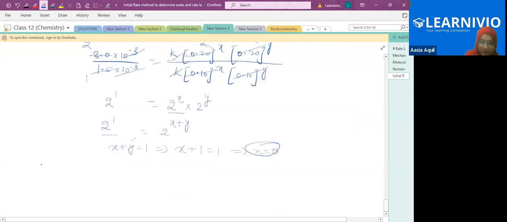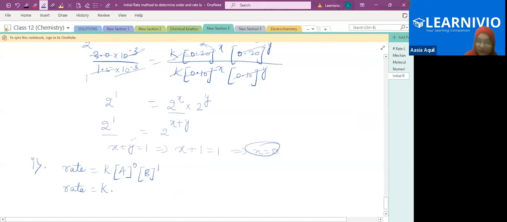Now, first question: write down the rate law expression. It will be the concentration of A raised to the power 0, the concentration of B raised to the power 1. Now anything raised to the power 0 is 1.